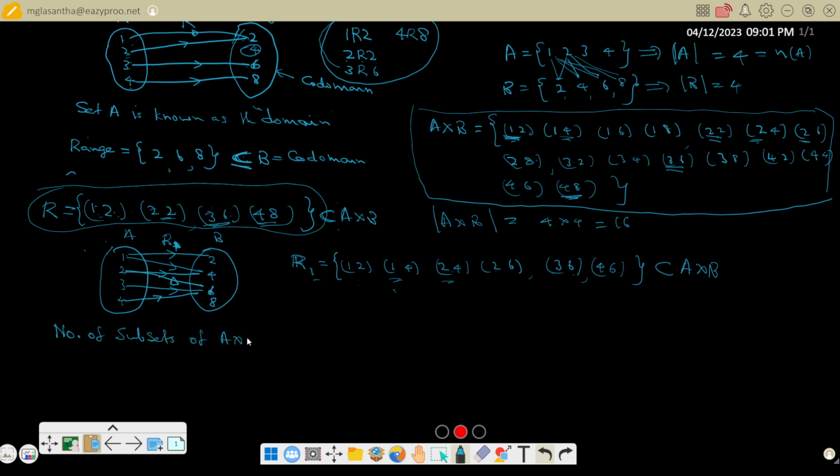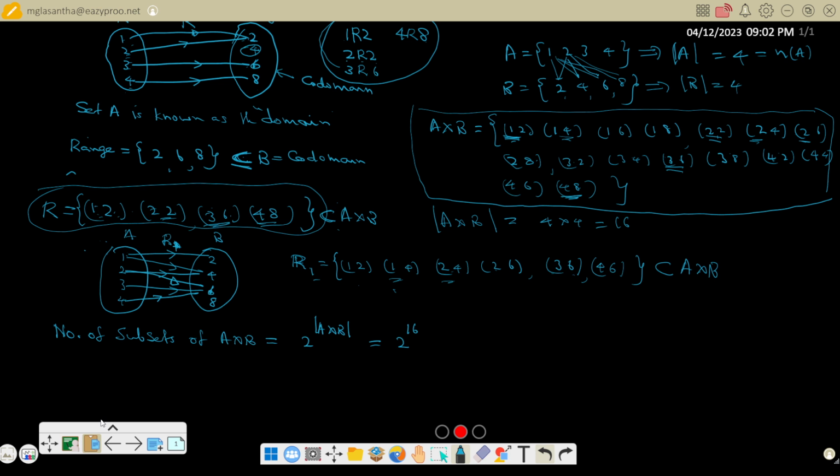The number of subsets of A cross B is equal to 2 to the power of the cardinality of A cross B. That is 2 to the power of 16. A very big number. A very, very big amount of relations. Is it clear?